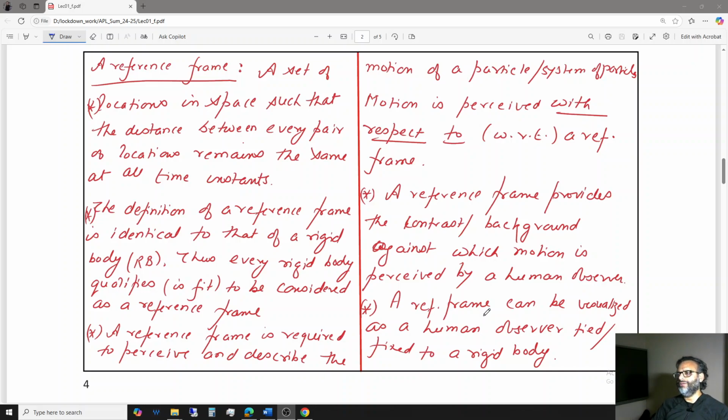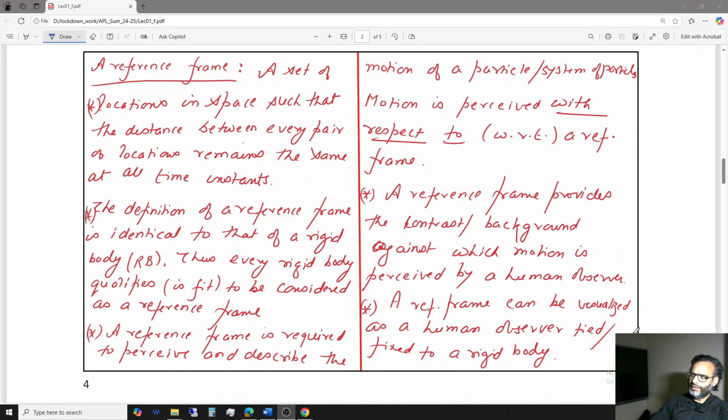A reference frame can be visualized as a human observer fixed to a rigid body. Think about this. When you were observing a bird in the park and you reported that the bird is flying, the reference frame was you being tied to a background, you being tied to a rigid body which is nothing but our Mother Earth.